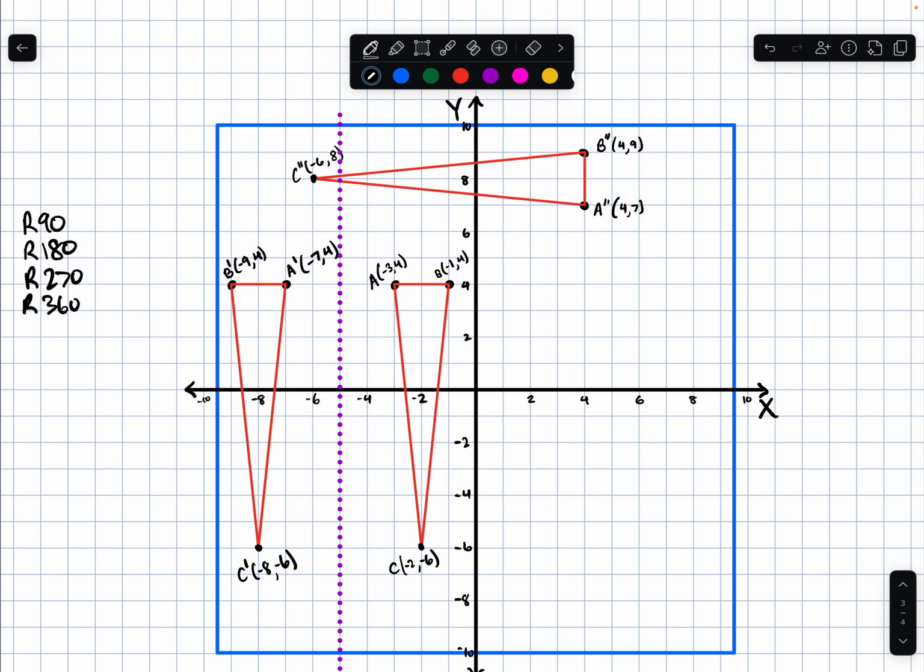There we go. Now keep in mind, in our notes, all of these angle measures are measured counterclockwise. However, this problem is asking us to rotate clockwise.